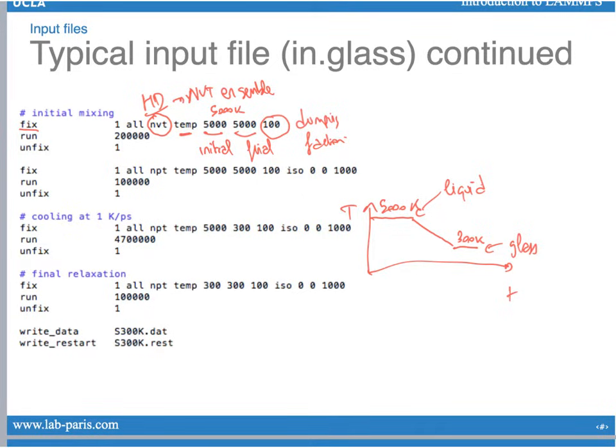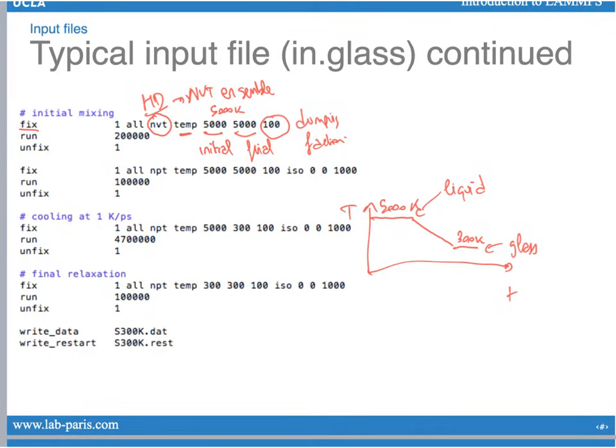The way LAMMPS works is that you fix the temperature that you want. In this case, you want the temperature of your system to be 5,000 Kelvin. How does it work? The main idea is that the temperature is given by the velocity of the atoms. If the atoms are moving too fast, then the temperature might be higher than the one you want. And if the temperature is too low, then it means that the atoms are not moving fast enough.